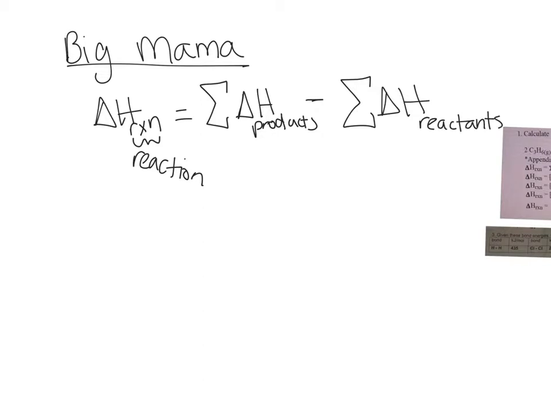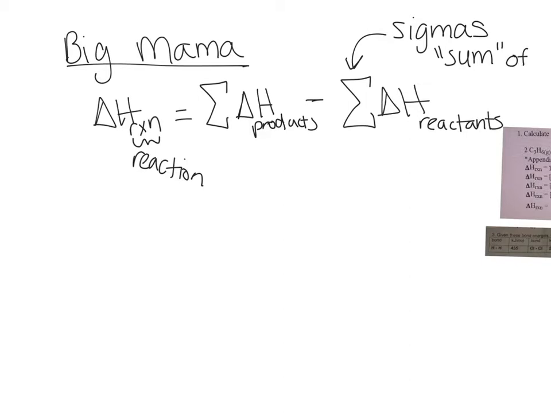Okay? These little fancy E's are called sigmas. And I believe I went over with you what they were. Sum of, exactly. The word sum tells us that we are adding things together.